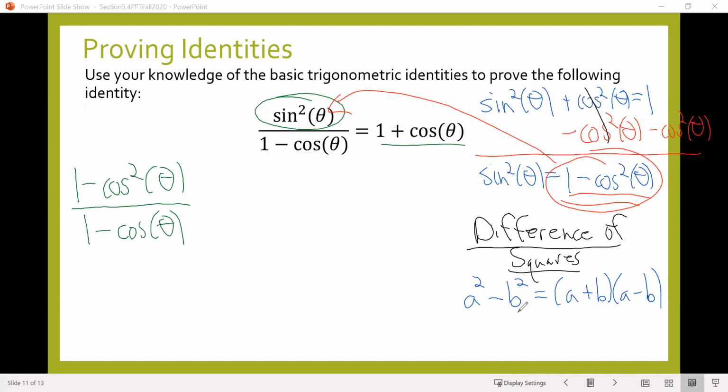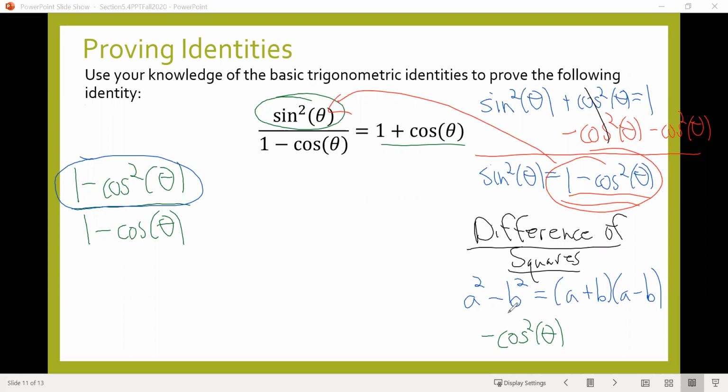And that can actually apply to the top part of our expression here. And if you're wondering how, well, first of all, you probably noticed that the second part there, the cosine squared, that's definitely something squared. Is 1 the same as something squared?